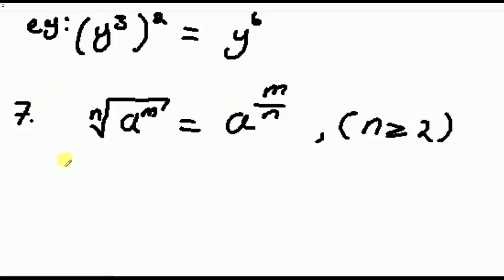So I will explain this one with an example. Let's just say we have the square root of 4. So here is the square root of 4. You know that when you have a square root, that's why it's called a square root, it has a 2 here.